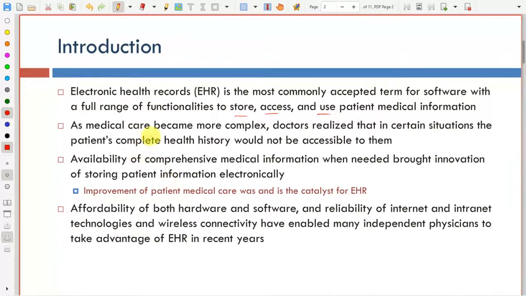So basically, as medical care became more complex, doctors realized that in certain situations, the patient's complete health history would not be accessible to them. For example, if a patient is traveling and he had an accident and he's in a coma, he will not be able to communicate anything with the doctor.